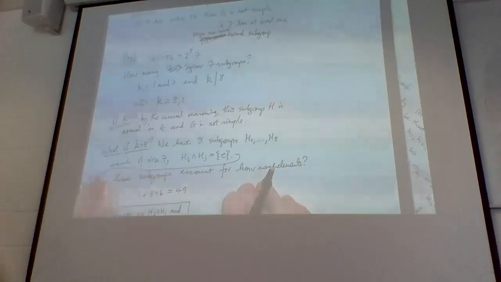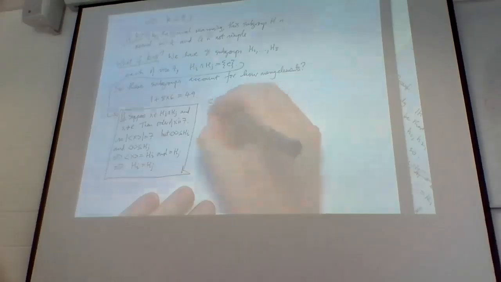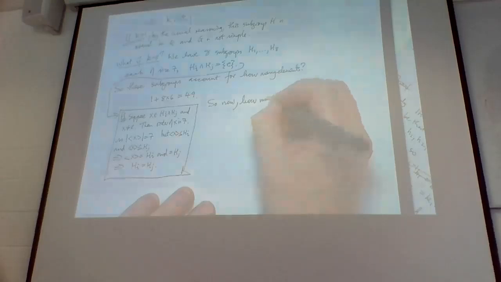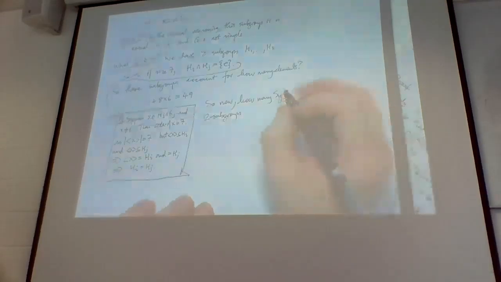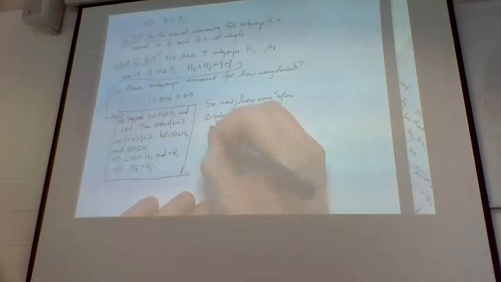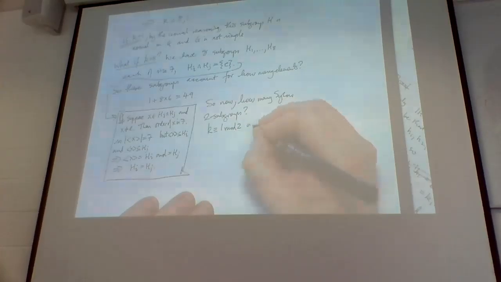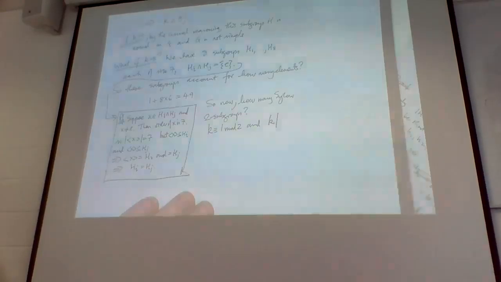We still don't know G is not simple, so now we look at the other prime too. How many Sylow 2 subgroups? So this number K must be congruent to 1 mod 2, and K must divide 7.